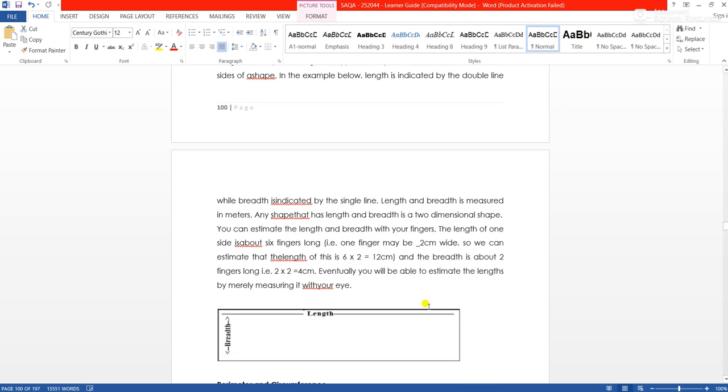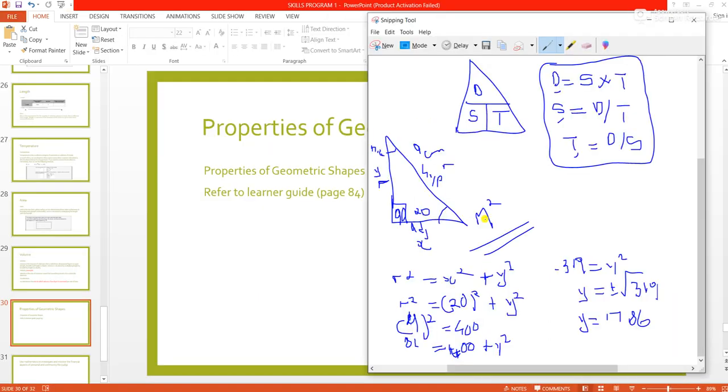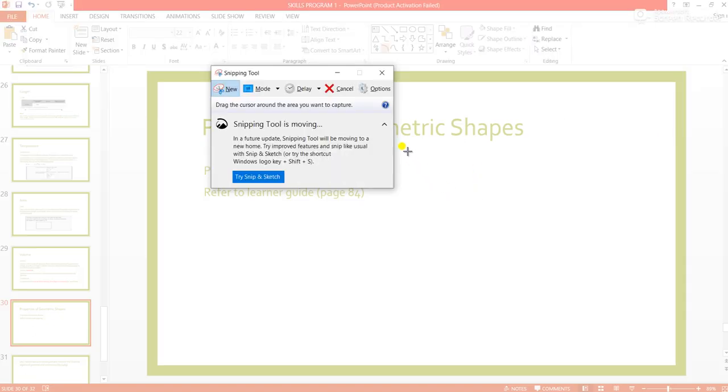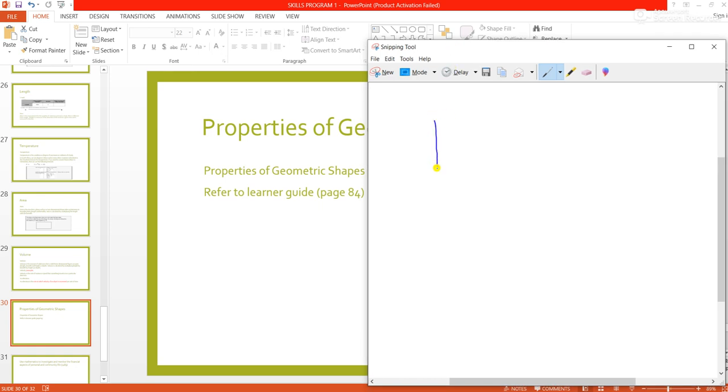So let's say for argument's sake we are given 7 centimeter and 3 centimeter, and we are required to calculate the area of this rectangle.